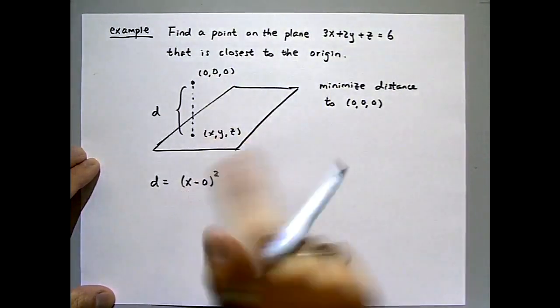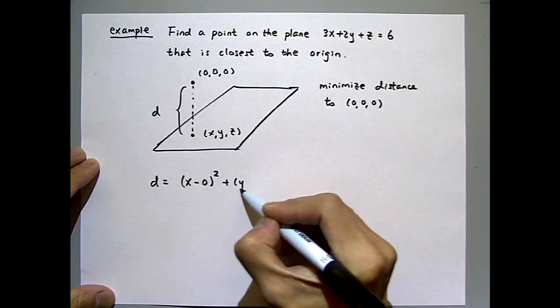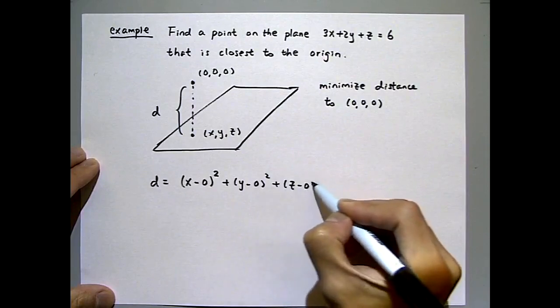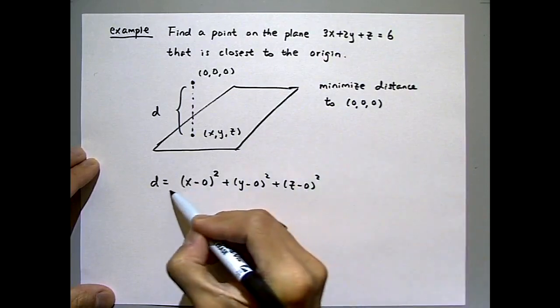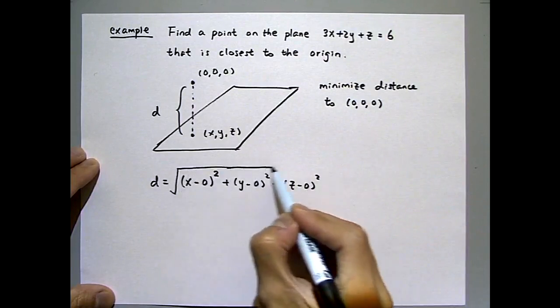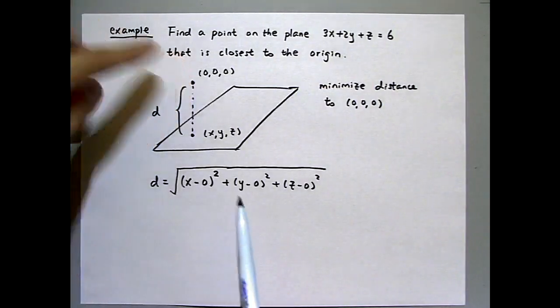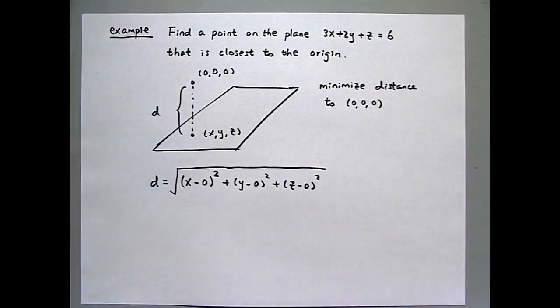So the square root of (x minus 0) squared plus (y minus 0) squared plus (z minus 0) squared. And that will give us the distance from any point on this plane to the origin. If the point is not the origin, then obviously these zeros will be something else. But we're dealing with the origin, so they all turn out to be 0.